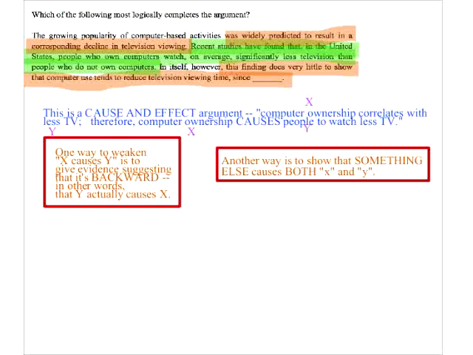The first way in which you can weaken this is to suggest that it's backward, which would be that watching less TV causes people to go buy computers. This is not totally ridiculous, but it is not very reasonable.